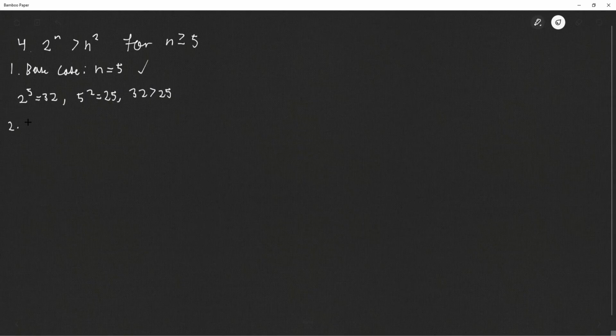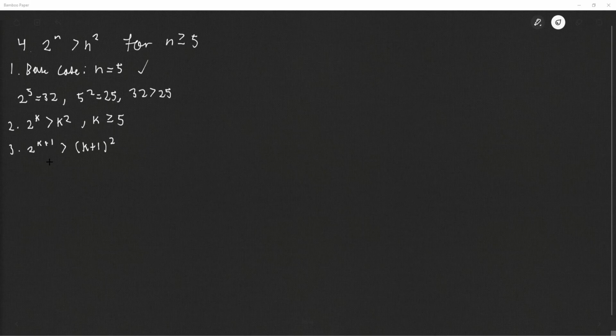So now we're going to make our assumption that 2 to the power of k is greater than k squared. And we're going to assume this for some k that's greater than or equal to 5. And now we're going to prove it for when 2 to the power of k plus 1 is greater than k plus 1 squared.